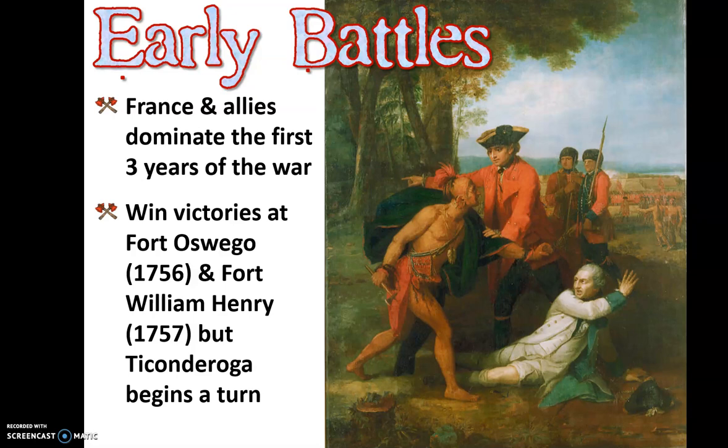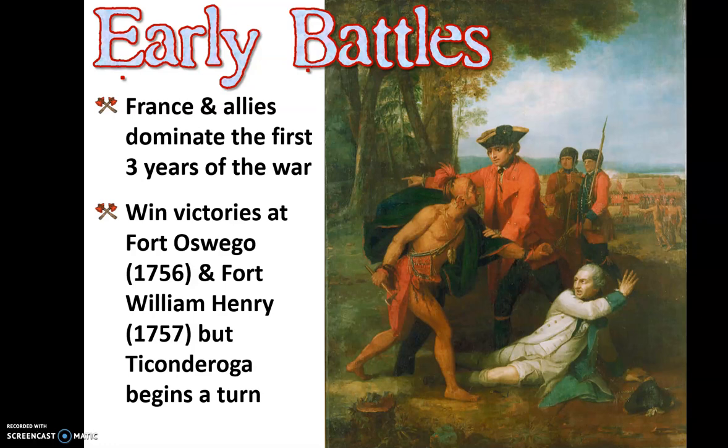So they ask the French for their protection as they leave Fort William Henry. They say, protect us from these Native Americans, ensure that they're not hurting us or hurting our people, and we'll surrender.